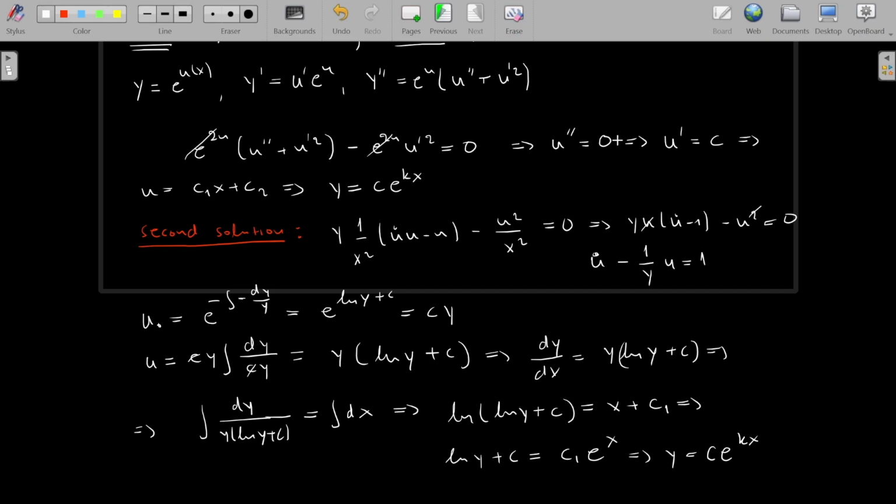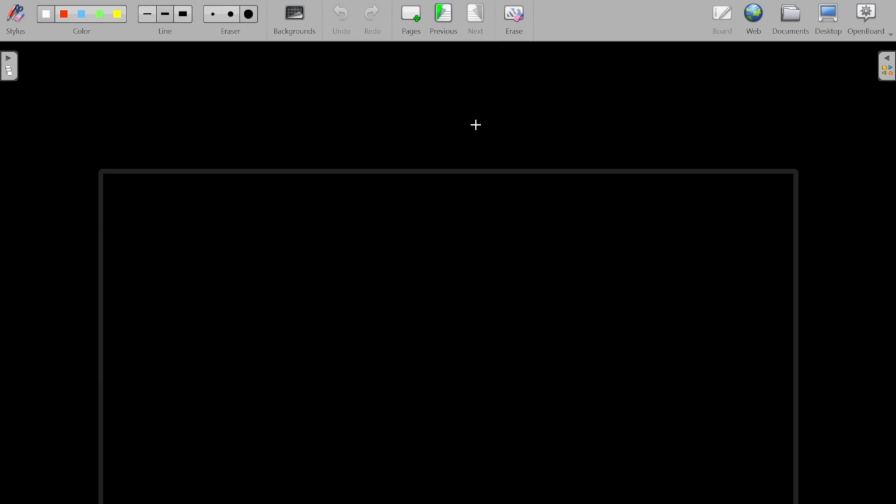Now, let's move on to another example. Let's say we have x y prime prime minus x y prime squared minus y prime is equal to 0. So you can check there is no x missing, so there is no shifting symmetry, but there is a scaling symmetry of x.